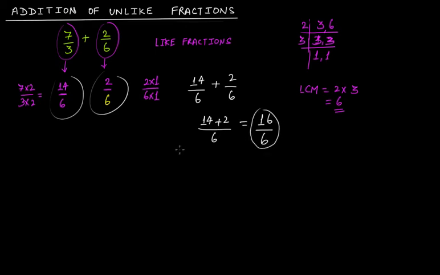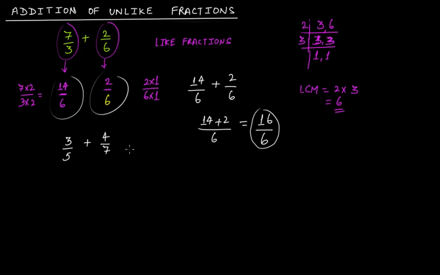Let's take one more. What if we have, say, 3 over 5 plus 4 over 7. Now again you have to convert these two fractions. Since these are unlike fractions, you have to make them like fractions, and the way to make them like fractions is to find the equivalent fractions having the same denominator.